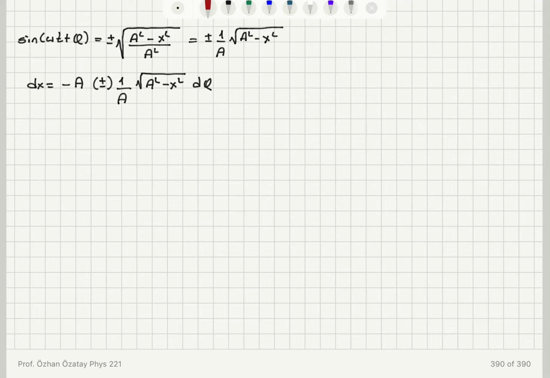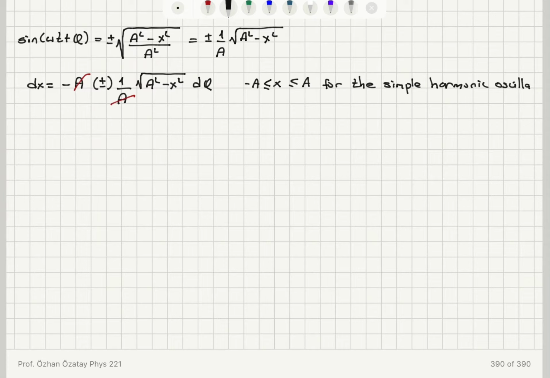So these a's will cancel, and I want to have x in the range minus a to plus a for this simple harmonic oscillator.